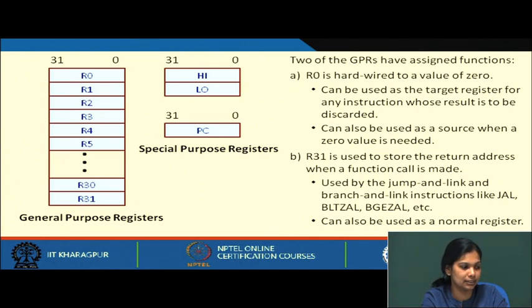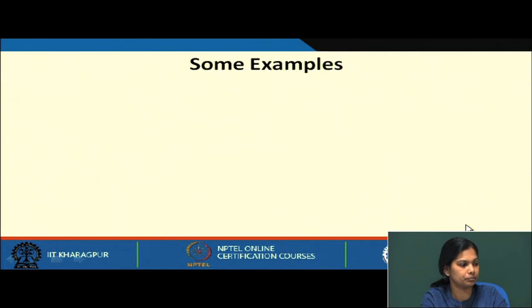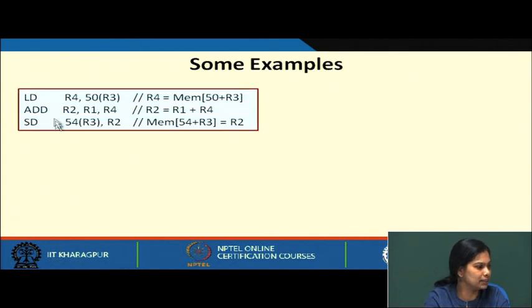In such a case, we can use R31 as the return address, used by jump and link, that is JAL, and other instructions like branch less than zero and link and branch greater than zero and link, etc. It can also be used as a normal register. If you are not using it for any return value, you can use it as your normal register. Let us take some examples.